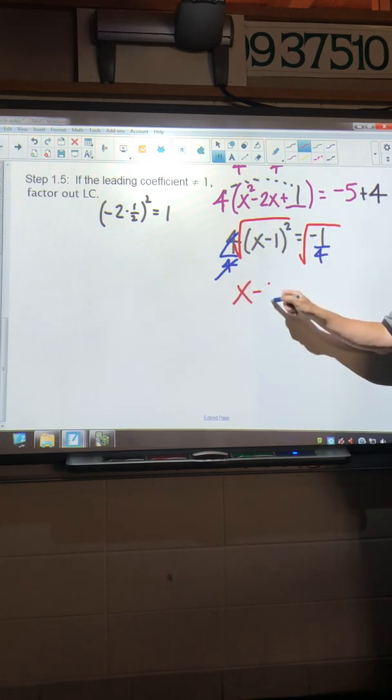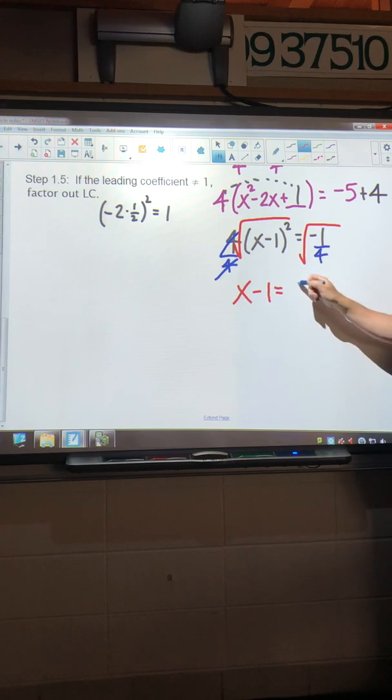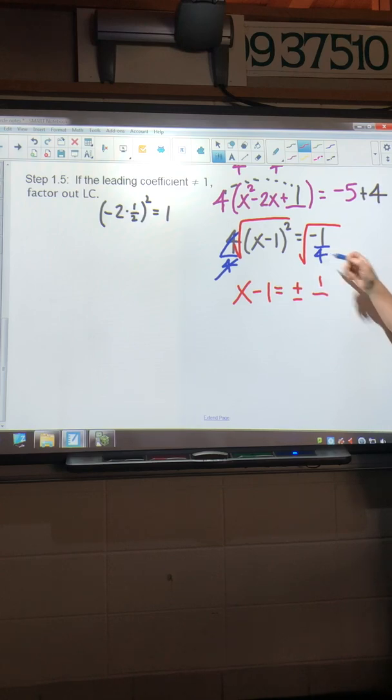So x minus 1 equals plus or minus. Square root of 1 is 1. Square root of 4 is 2. And then this is negative, so the square root of a negative number is imaginary. So yeah, plus or minus 1/2 i.